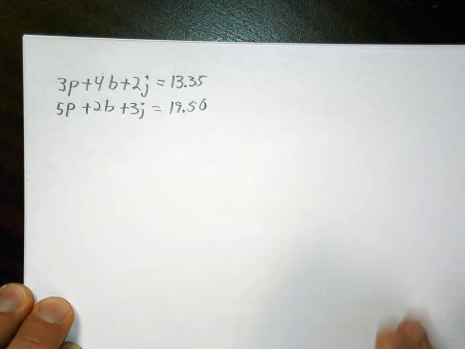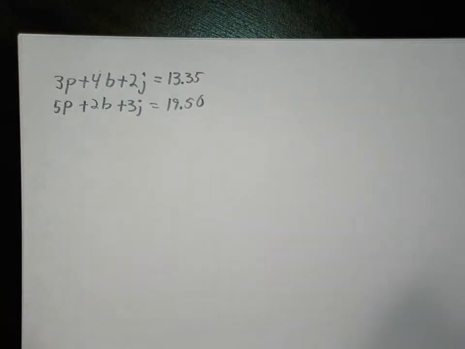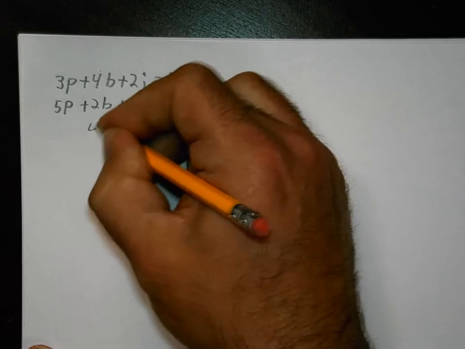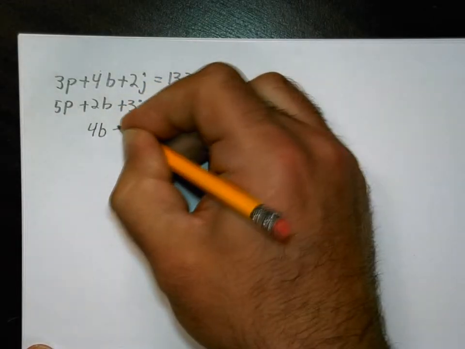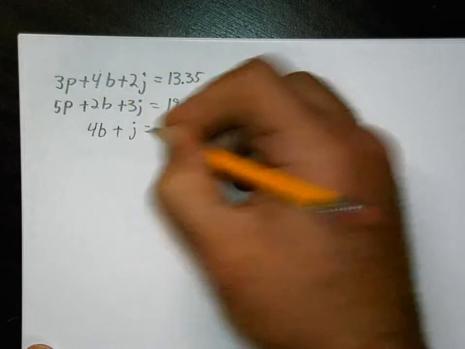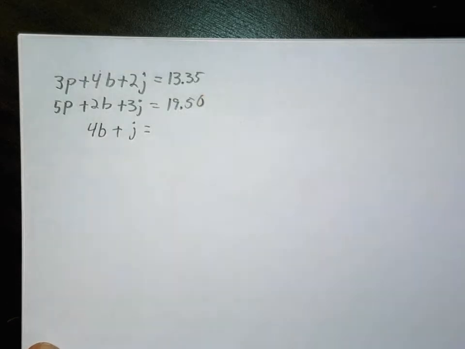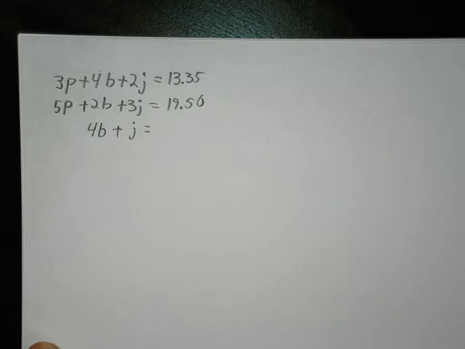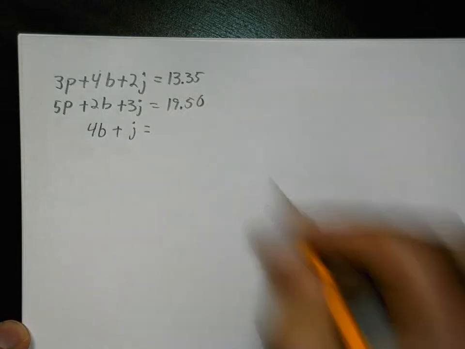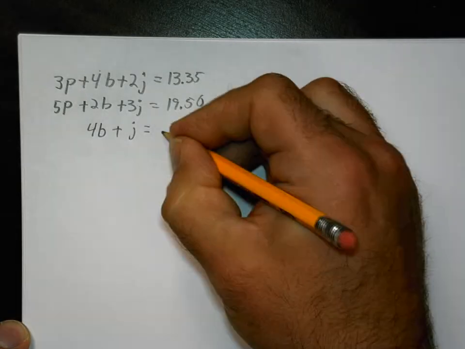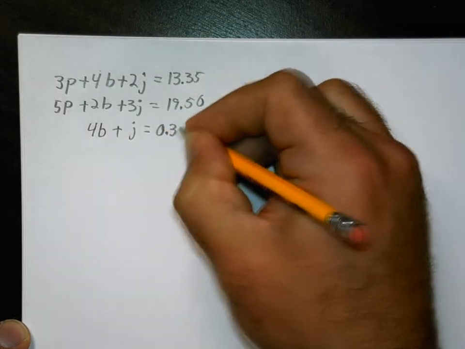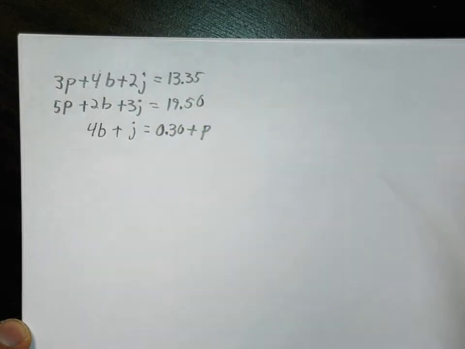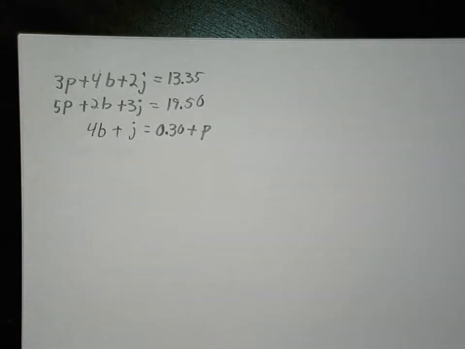And then the last equation might have been the most difficult one to come up with. They said 4 breadsticks plus a juice box is 30 cents more than a slice of pizza, so I could set that equal to 30 cents plus a slice of pizza. So that's my system of 3 equations, 3 unknowns.